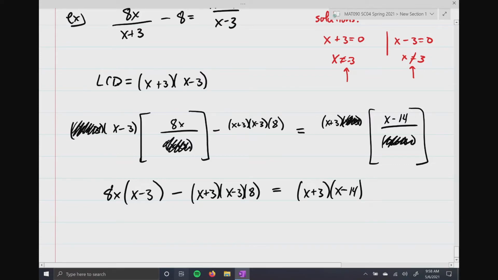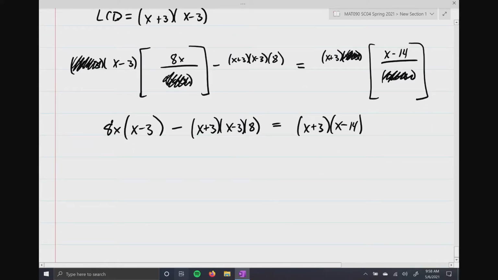Now, initially, everything in this problem, all the x's are raised to the first power. So it kind of looks like that this is linear. But as soon as you simplify, watch what happens. I need to distribute. I get an 8x squared minus 24x.